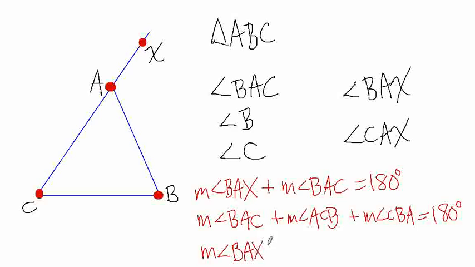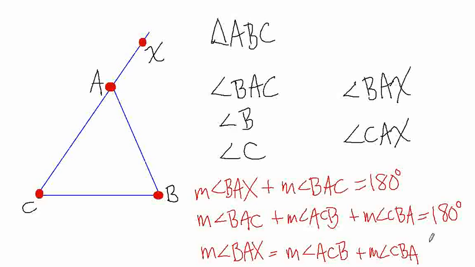So the measure of angle BAX is equal to the measure of angle ACB plus the measure of angle CBA. Now, the only way that the exterior angle measure can be equal to the sum of two angle measures is if that exterior angle is bigger than either of those angles.